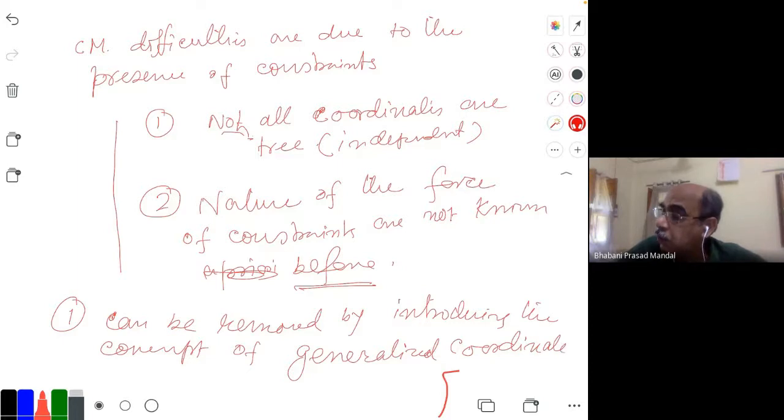I'll define it now. Generalized coordinate, and the second difficulty is removed by D'Alembert's principle.